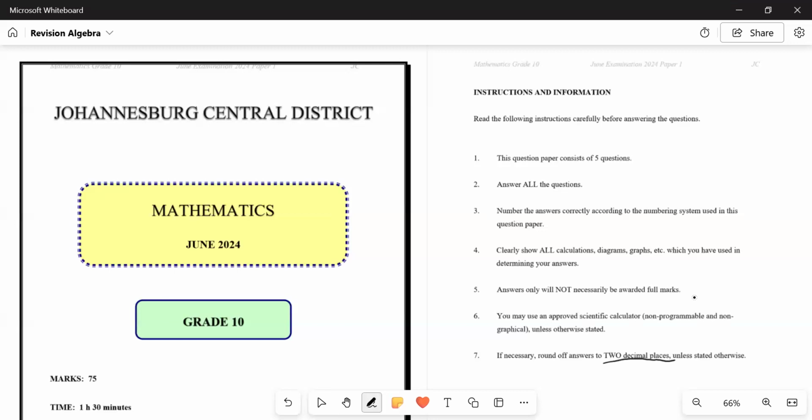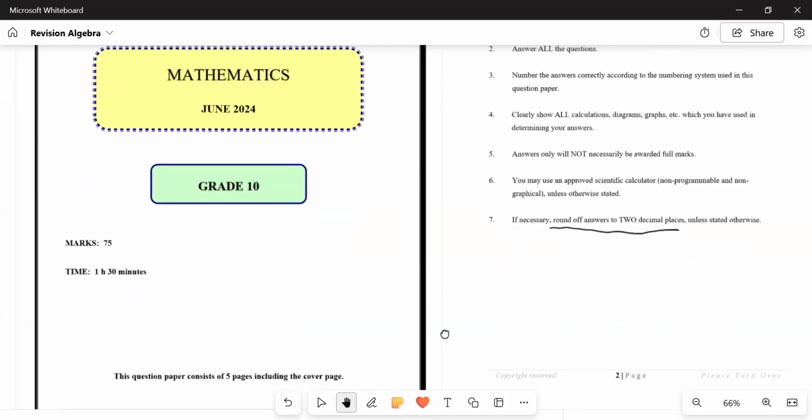So this is the part where they instruct you how to round off, right? So which means for this question paper, we have to round off to two decimal places. Every answer that you get, you must make sure that you round off to two decimal places. Okay, let's move to the question.